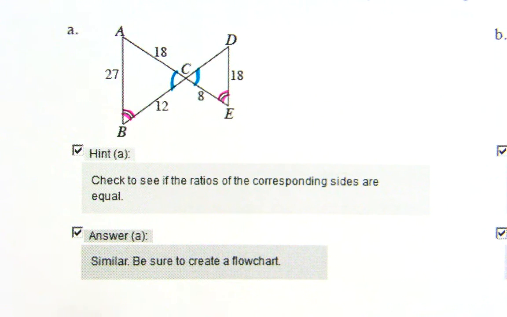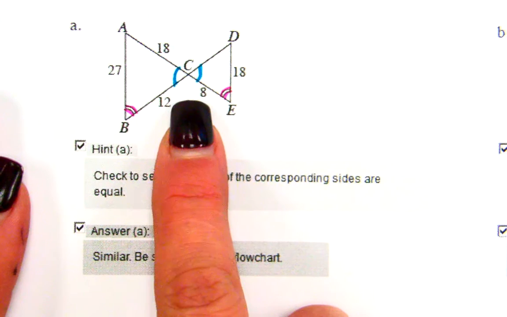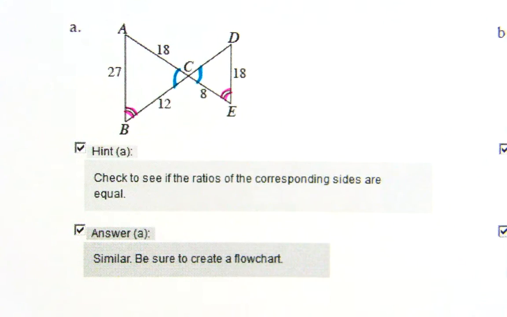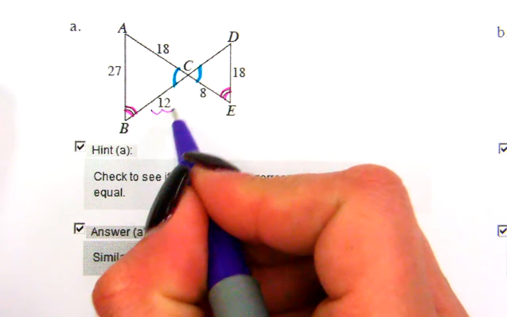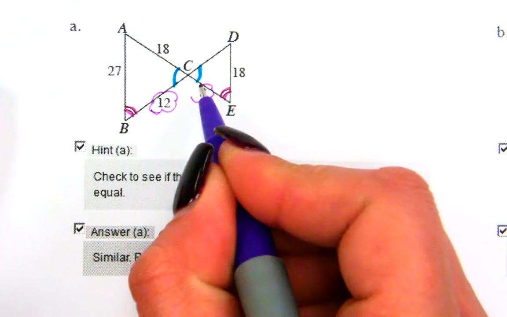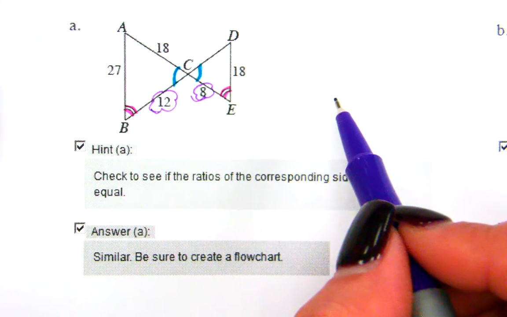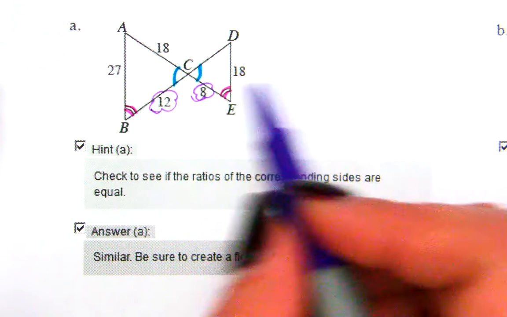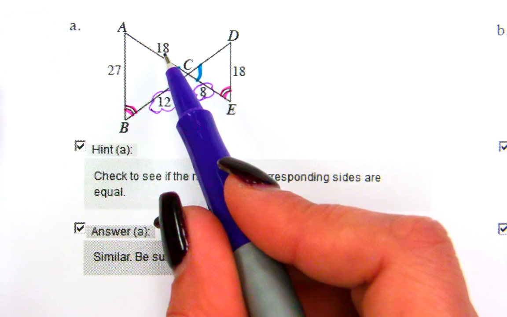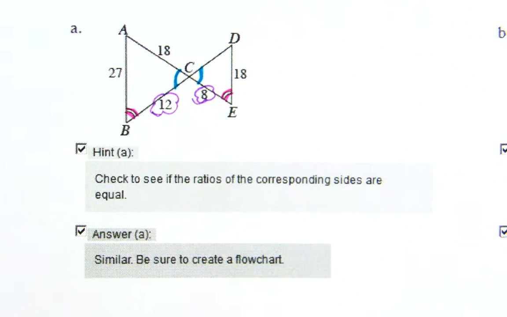So let's figure this out. Now, the 12 and the 8, as far as I know, they're in the same area. It looks like they're in the same area to me. So I would say, okay, well, then that must mean that 12 and 8 are somehow connected. So I'm going to do little tiny flowers around 12 and 8. Now, if that's true, then the only other option to use is, well, I can't use 18 because 18 doesn't have anything to check it with.